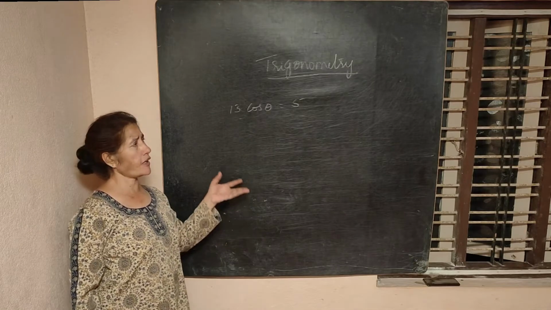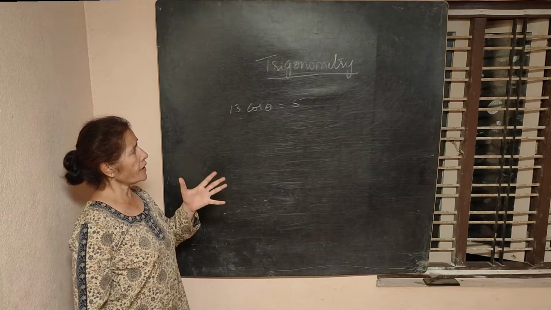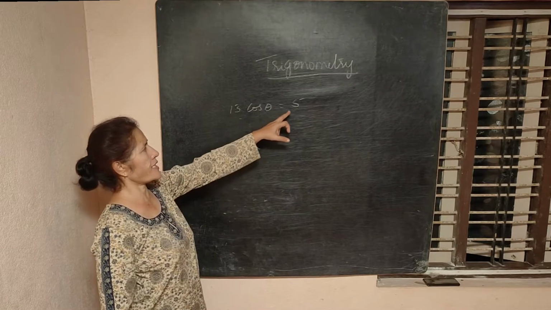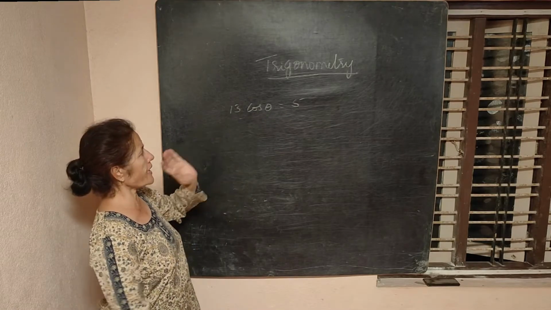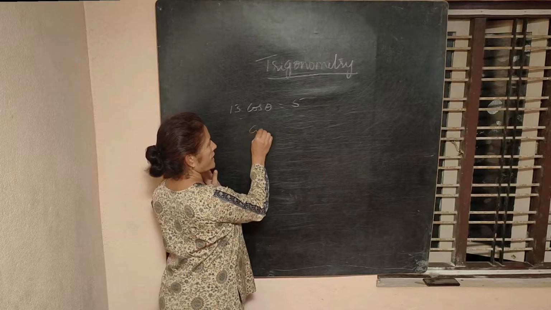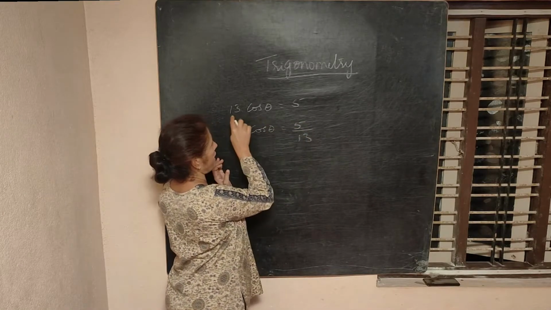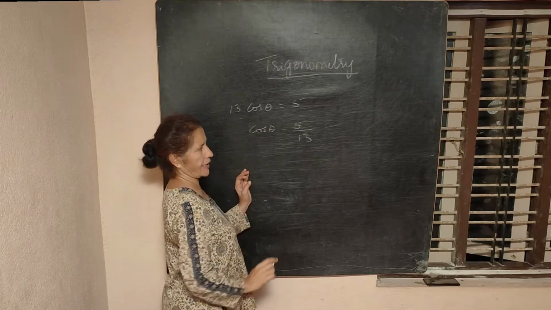Anything they may give you, we can find out. So let me tell you how to find out. Suppose they give you 13 cos theta is equal to 5. What is the next step? Therefore, cos theta is equal to 5 divided by 13. Here it is multiplied, here it is divided.